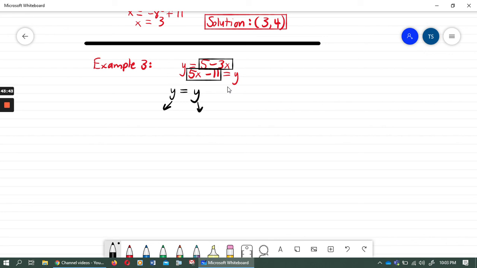Since both of these are equal to y, and y is equal to itself, that means both of these equivalent expressions are equal to each other. So we're going to set those two expressions equal to each other.